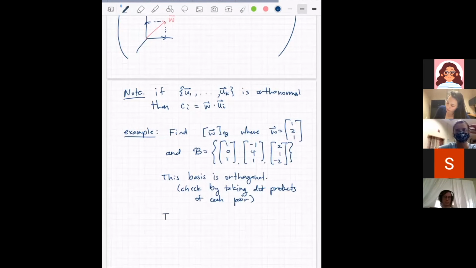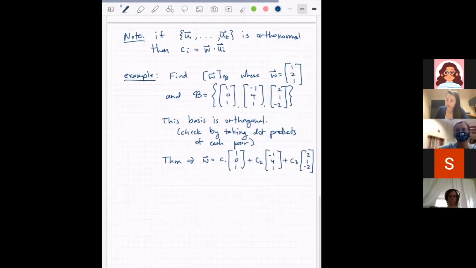This theorem tells us that we can write W as C1 times the first vector, C2 times the vector (-1, 4, 1), and C3 times this last vector. It'll be convenient to give these names. We'll call them V1, V2, V3, or maybe we'll use U since we were using U in the theorem. So this will be U1, U2, and U3.